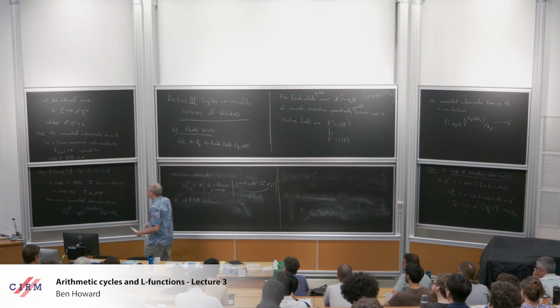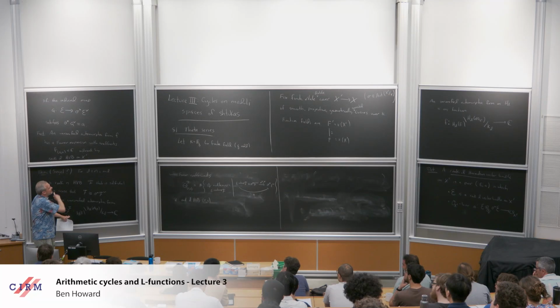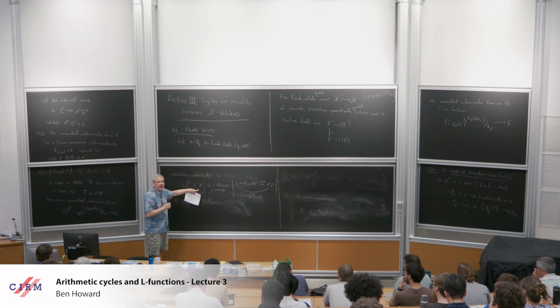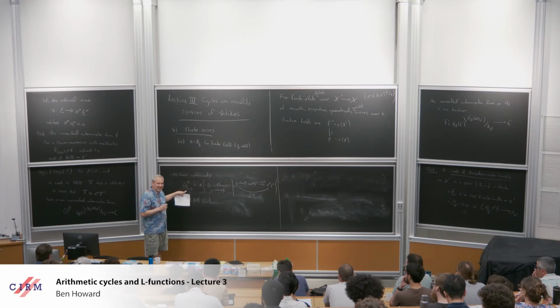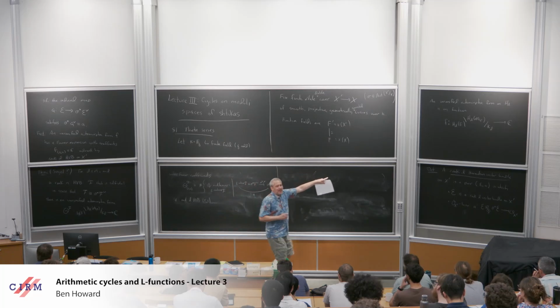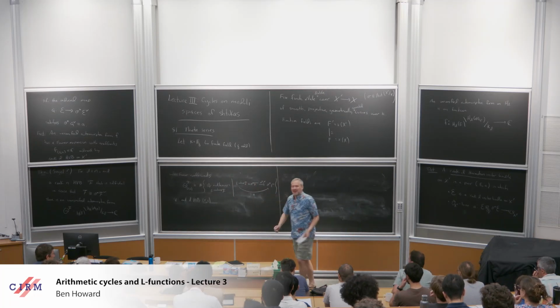The theorem is that there exists a function whose Fourier coefficients are given by these numbers that count embeddings of one vector bundle into another. That's the theorem. That you can assemble these coefficients into a function like that. I mean, I haven't told you exactly what the Fourier coefficients are.